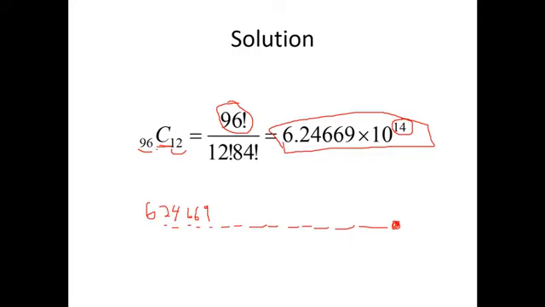These are all going to be whole numbers, of course, but just to say, this is a big old number. You can write it like this. In fact, if you want to, you could round it off to 6.25 times 10 to the 14th. And that's good enough.